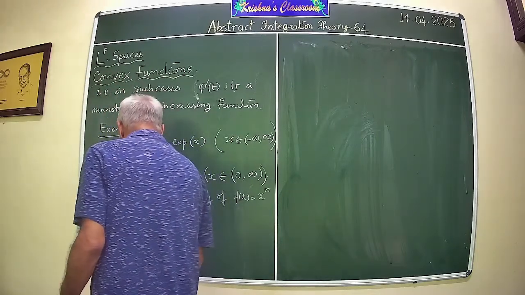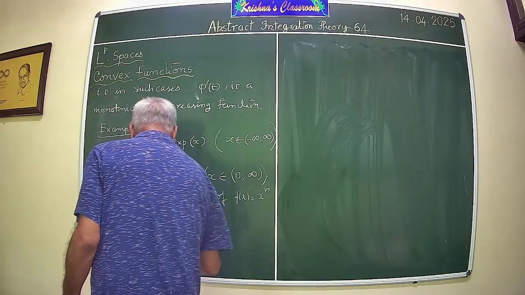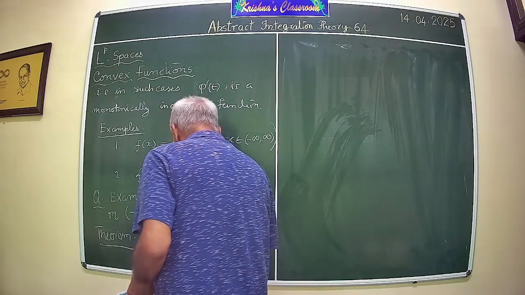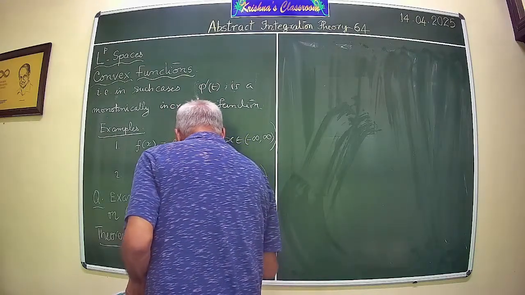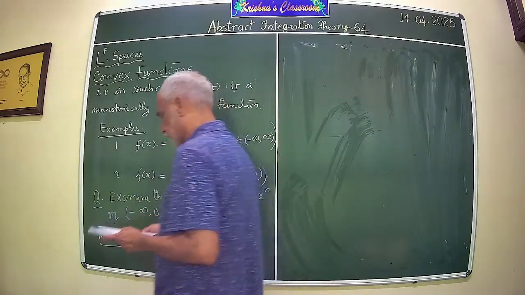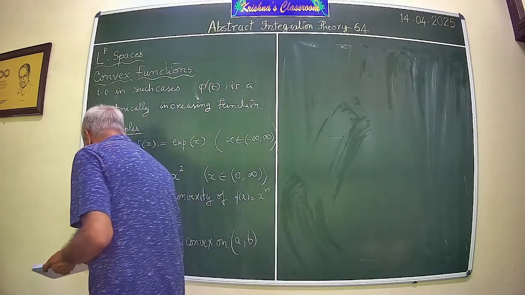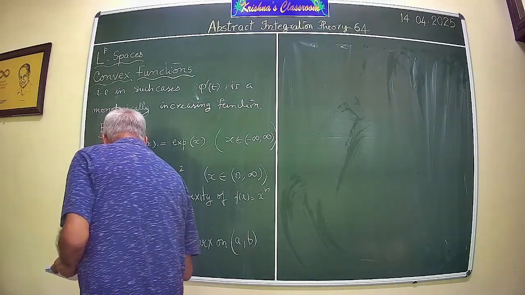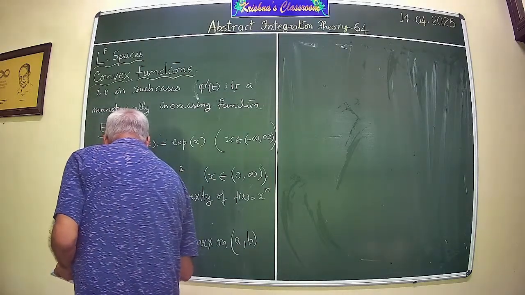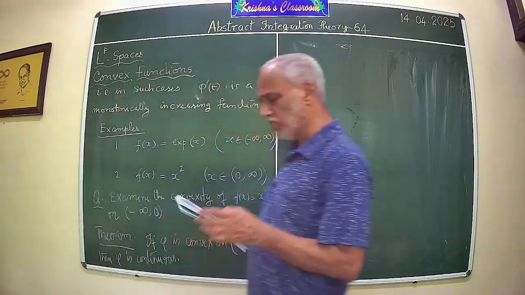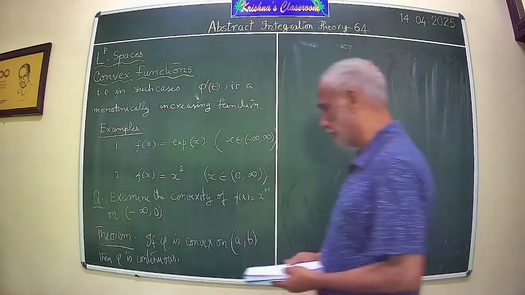If phi is convex on AB, then it is continuous.